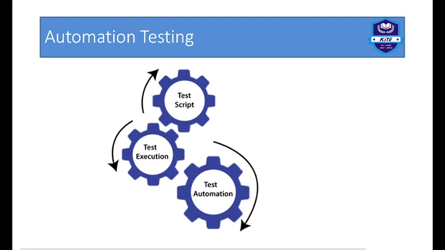We just have to know how to use the automation tools to check the software. We run the test scripts and execute the test cases, and then the testing is performed automatically.